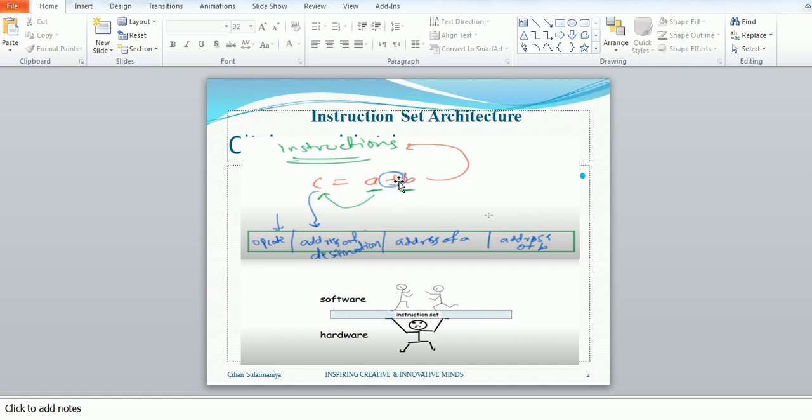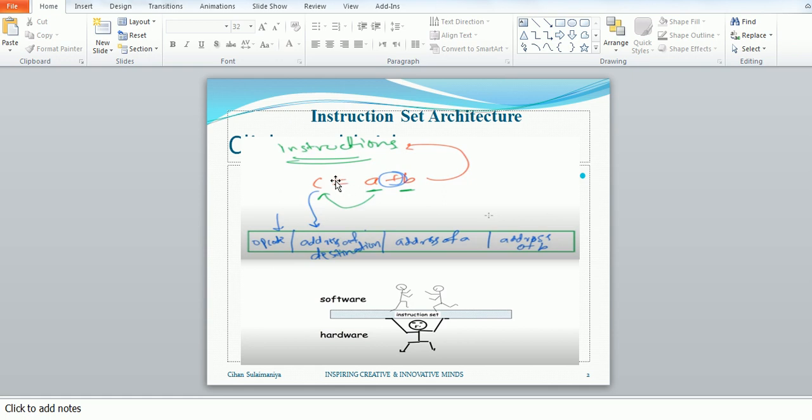First of all, it is going to check the operation code. It is going to find how many operation codes there are, maybe one, maybe two, maybe many more than that. Then it is going to find the address for the variable, for the data A and for the data B. It is going to put the address of data A, and then the address for data B. After that, it is going to find the location where it is going to execute this program.